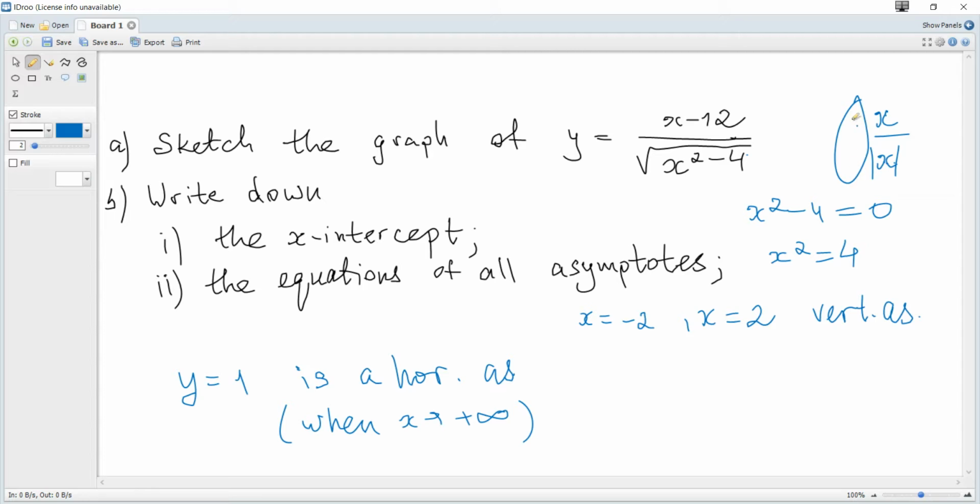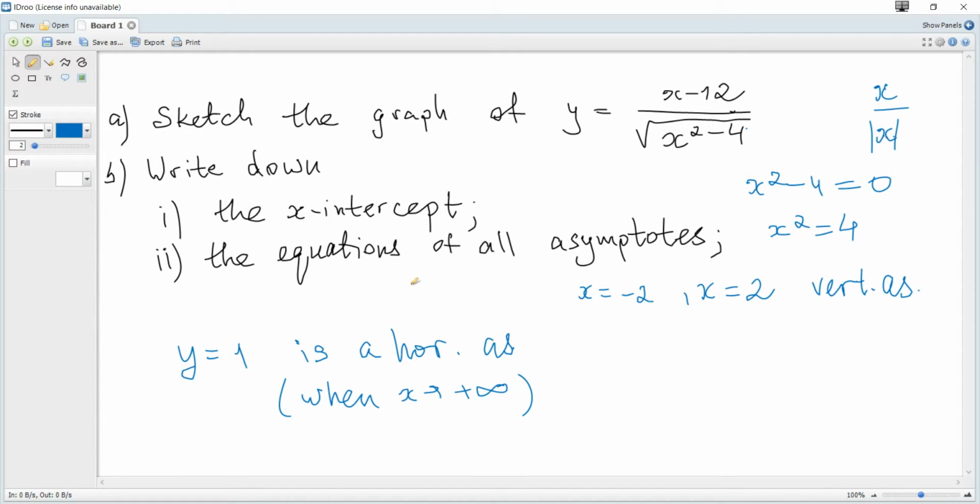Yes, coefficients are the same, so it's 1, but since x is negative, y is negative 1, it's a horizontal asymptote. I mean that if it would be 2 and 5, it would be negative 2 over 5, because we consider x is negative, so it's like additional minus. I hope it's clear. So y is negative 1.